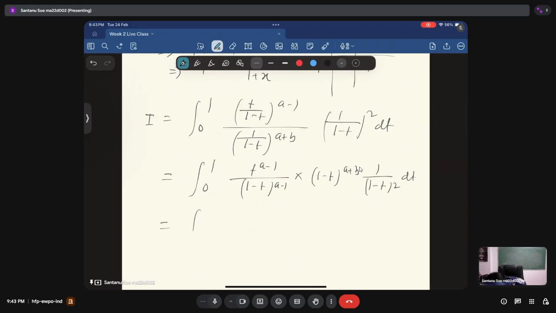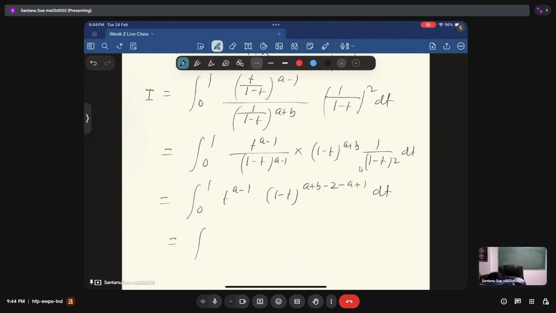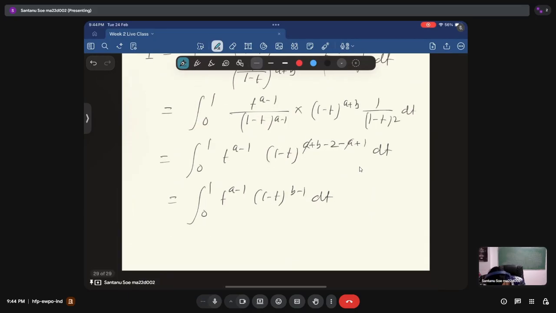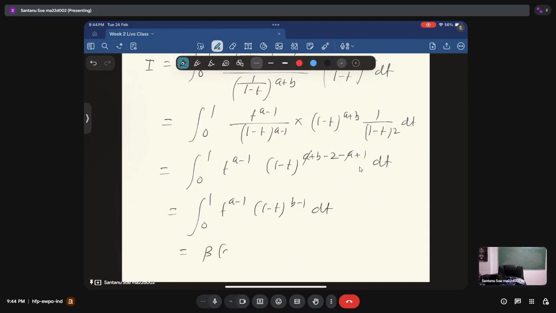Okay, so this will be integration 0 to 1 t to the power a minus 1 into 1 minus t to the power a plus b minus 2 minus a plus 1 dt. So this is integration 0 to 1 t to the power a minus 1 into 1 minus t to the power b minus 1 dt, and this is just beta of a comma b. Okay, so this should be our answer to this question.